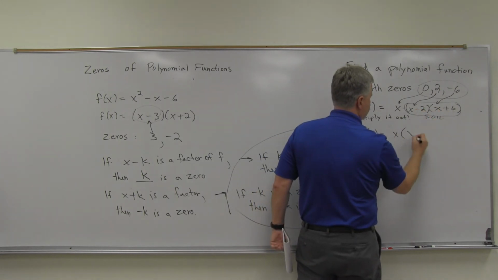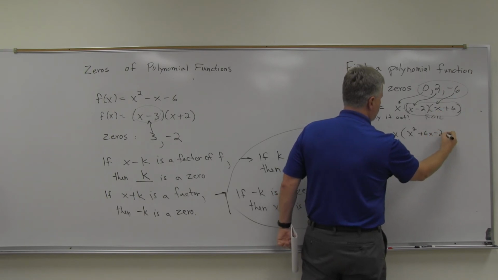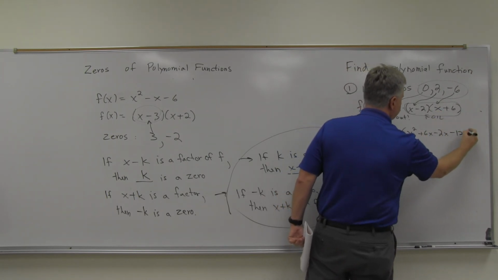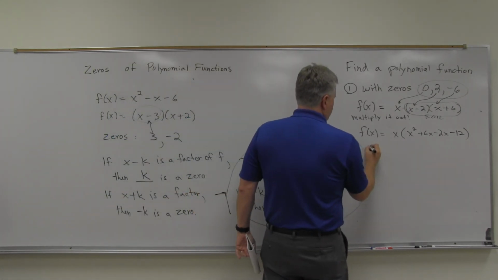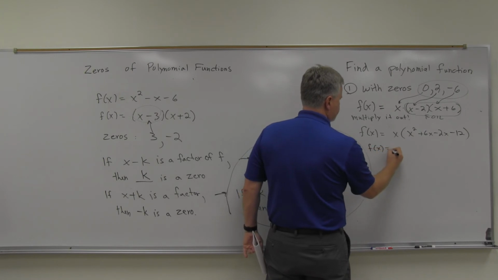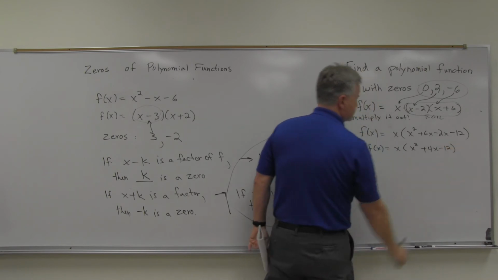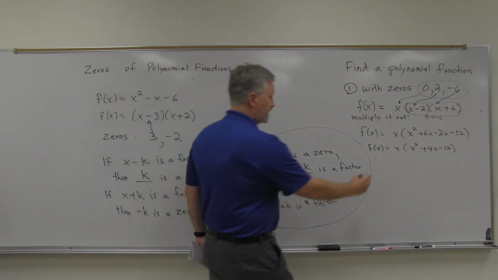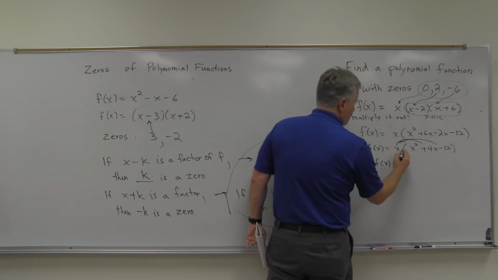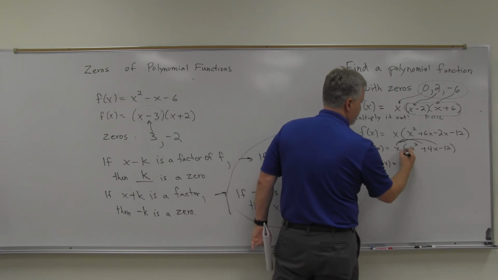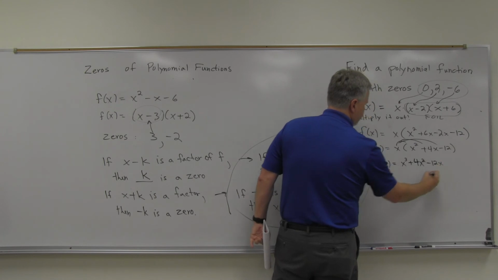So x times x is x squared. X times 6 is plus 6x. Minus 2 times x is minus 2x. Minus 2 times positive 6 is minus 12. So we got x squared plus 4x minus 12, in parentheses. Now we distribute another x. So x times x squared is x cubed. X times 4x is 4x squared. And then x times negative 12 is negative 12x.